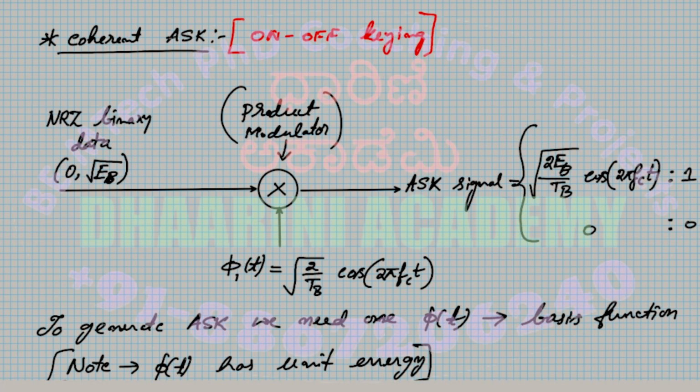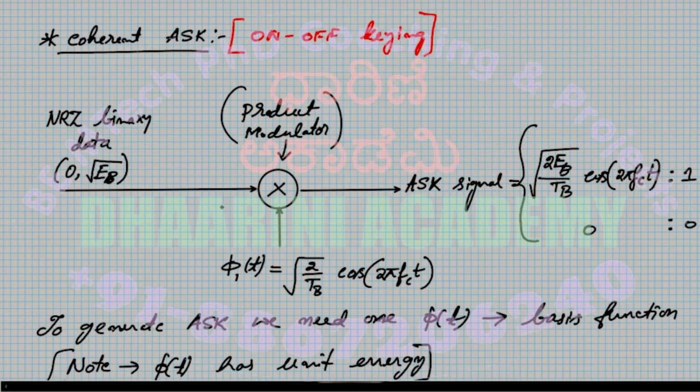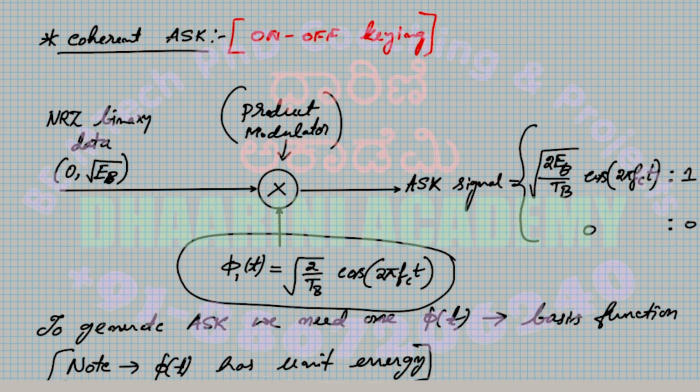So what you do next is this PSD gets multiplied by the cos function, root of 2 by TB into cos of 2 pi fc t. Whenever you multiply by a cos function, what happens to the baseband is that it's no more a baseband signal, it becomes a band pass signal.